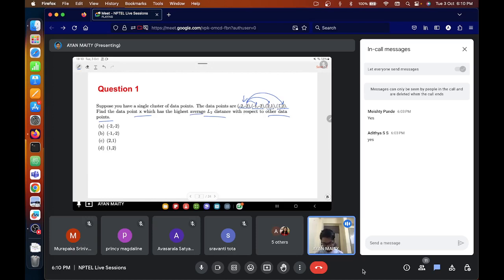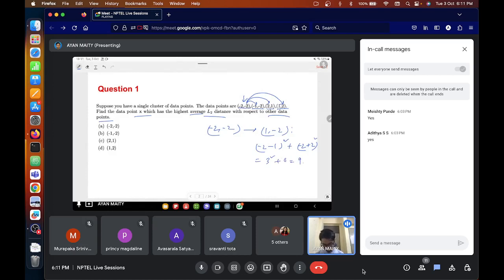So the L2 distance from (-2, -2) to (1, -2) would be (-2 - 1) whole square plus (-2 + 2) whole square. So there would be 3 square plus 0, so it's 9.